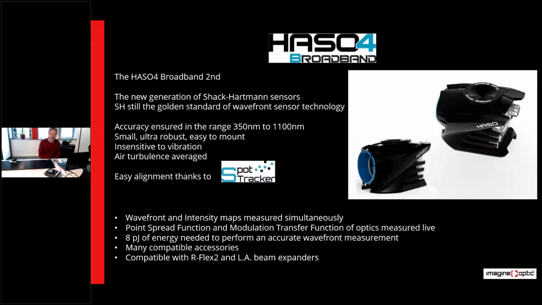A small focus on the energies: this technology allows measuring wavefront with a very small amount of energy. We're talking about 8 picojoules of energy per image, which means that if you set the camera exposure duration to, let's say, 10 milliseconds, you can do the measurement with less than 1 nanowatt of flux.